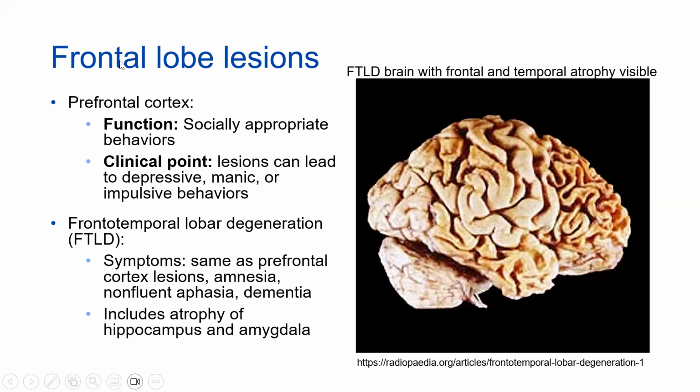So mainly here, you just want to know frontal lobe, although its major function is in motor control, the prefrontal cortex is for socially appropriate behaviors. And FTLD is a neurodegenerative condition that leads to atrophy of the frontal lobe.